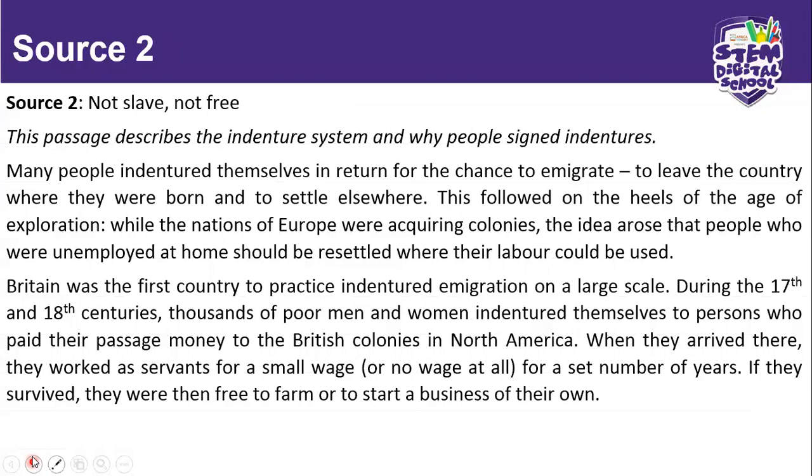When they arrived there, they worked as servants for a small wage or no wage at all for a set number of years.